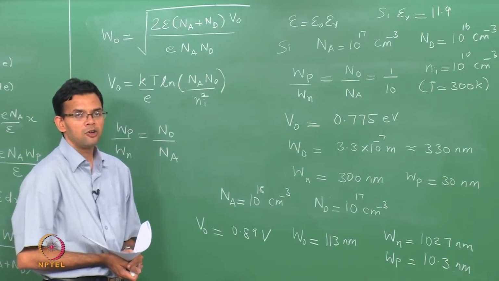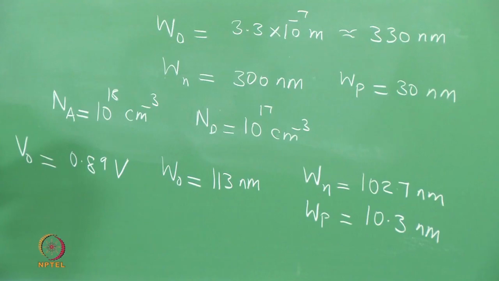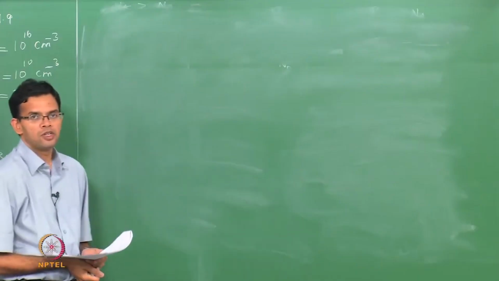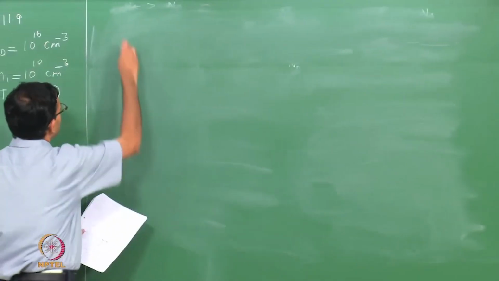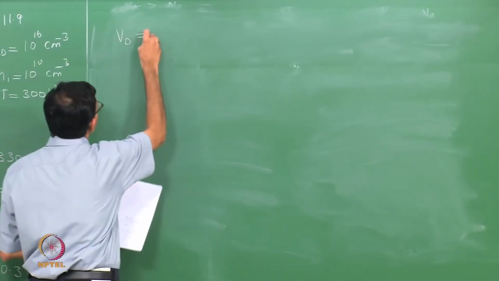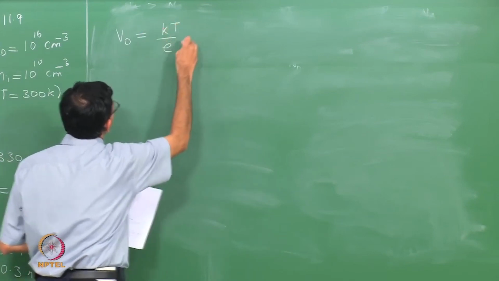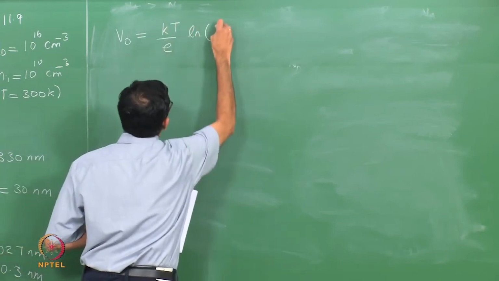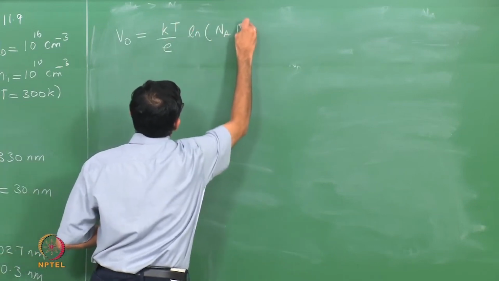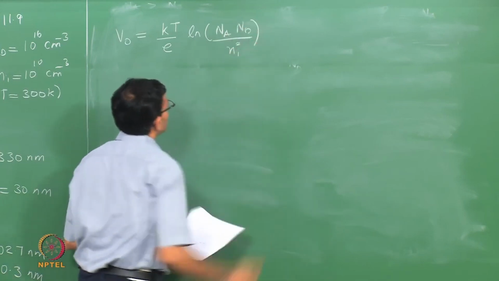Now, let us just look at what happens if we change the material. What we want to know is how the contact potential changes when we change the material. Now, V naught is related to kT over E ln of Na Nd over Ni square.